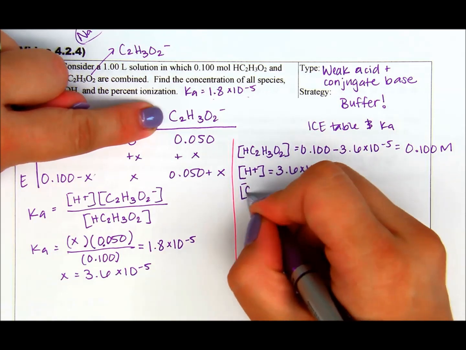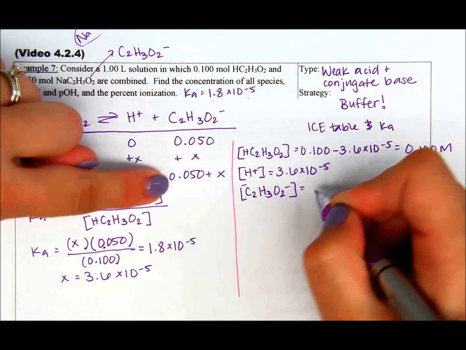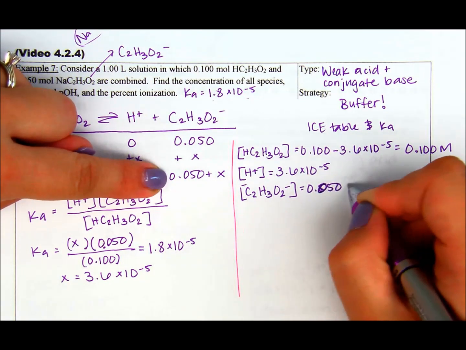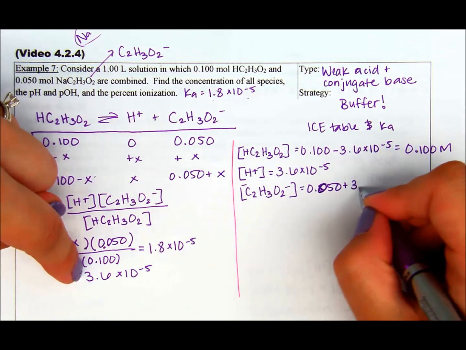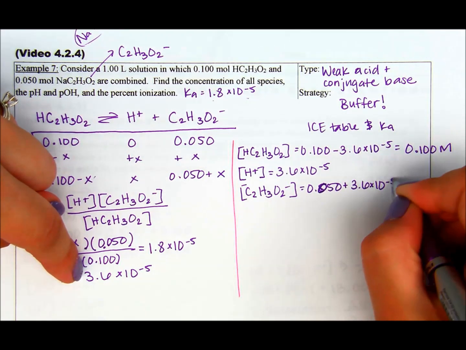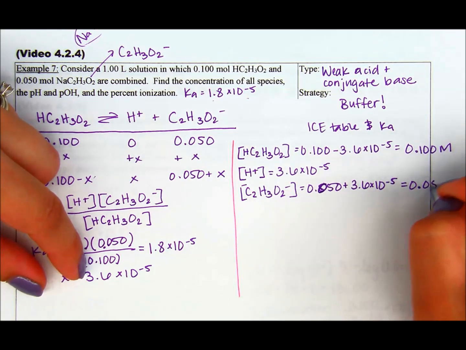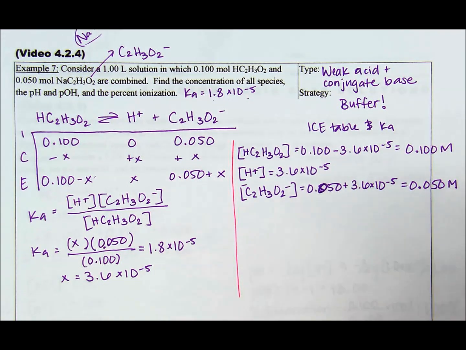My concentration of acetate equals 0.050 plus x, where x is 3.6 times 10 to the negative 5, which, again, no surprise, is still equal to 0.050 molar, and that's why we ignored that x in the first place. It doesn't make a difference.